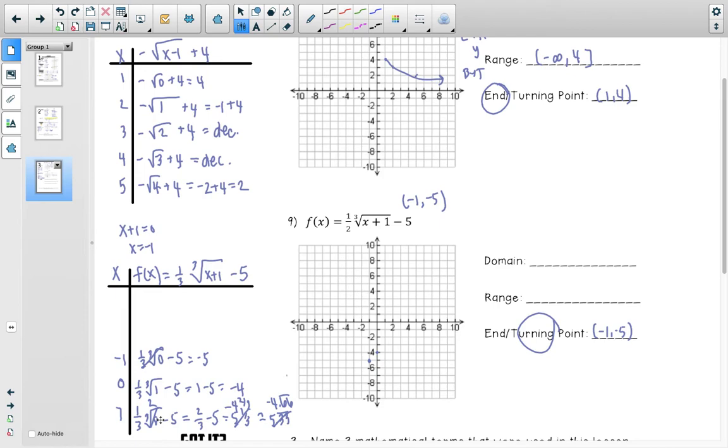Let me check. Okay, so we have 1 over 3, and you guys are just going to have to work through this mistake with me because I am not starting this video over. Negative 4.33. Oh, I see where we made the mistake. This point's wrong. I'm hoping you caught on to that. If you didn't, that's okay. This has a 1/3 out in front of it, and I totally forgot about it.